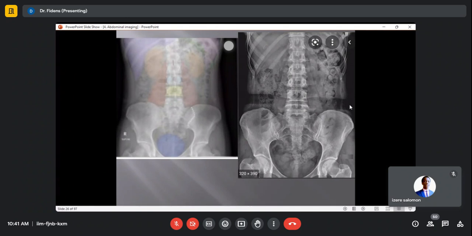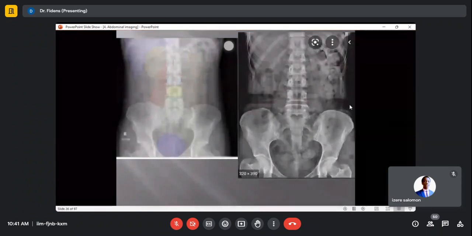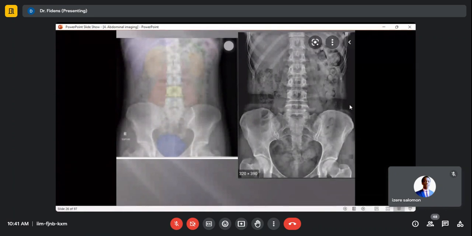Okay, that's good. Any other question? Here it's about ABCS. When you have a plain abdominal X-ray in front of you, immediately approach it in ABCS. A is for adequacy, alignment, that's technical, and apparatus, if there is any apparatus there.